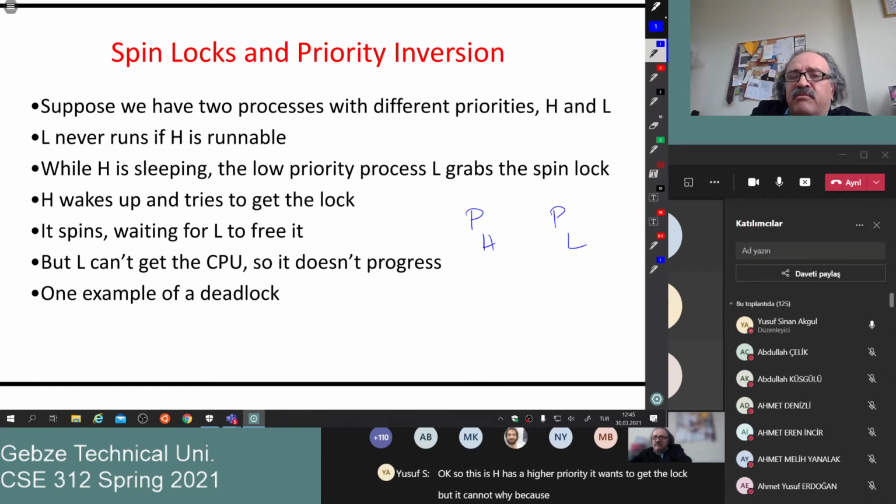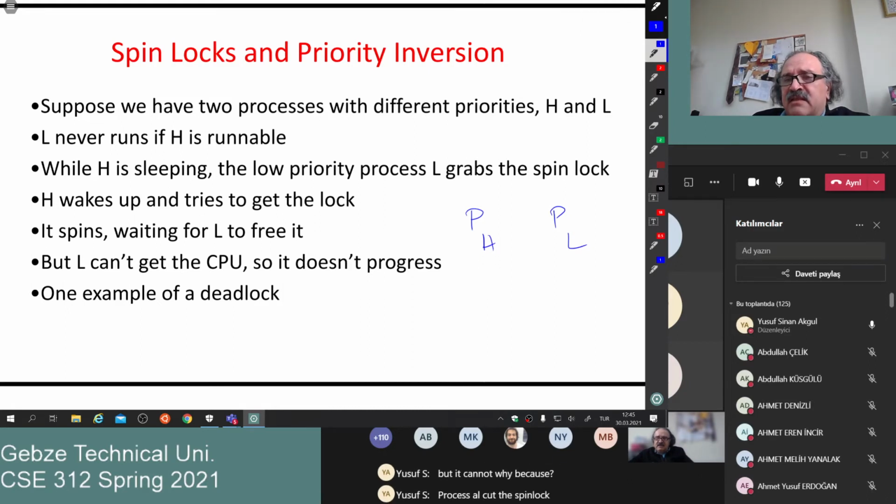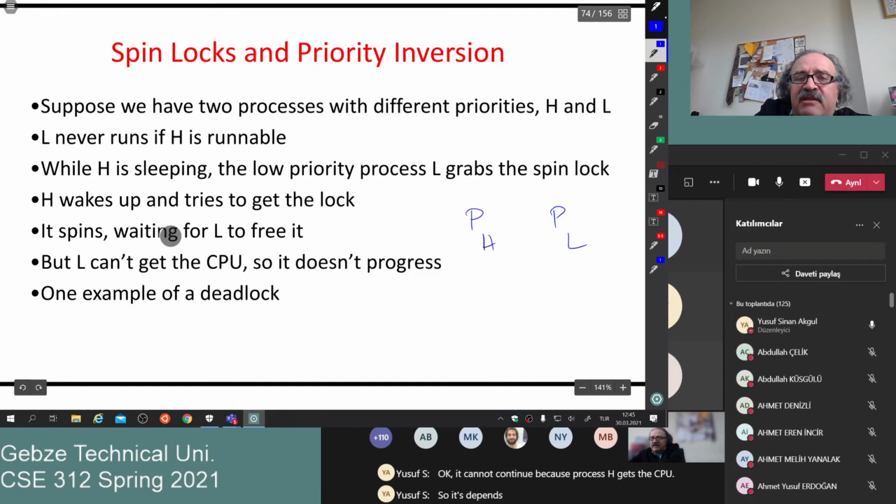Because process L got the spin lock and it is in the critical region, but it cannot continue to exit the critical region. Okay, it cannot continue because process H gets the CPU. So H spins waiting for L to free it, but L can't get the CPU, so it doesn't progress.